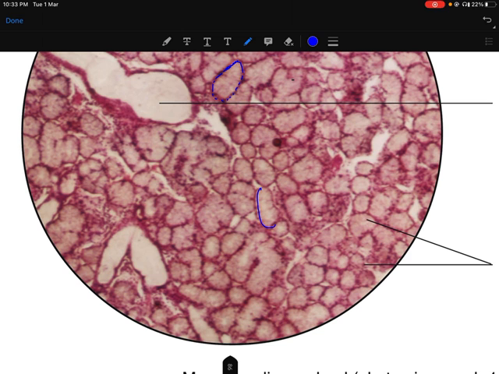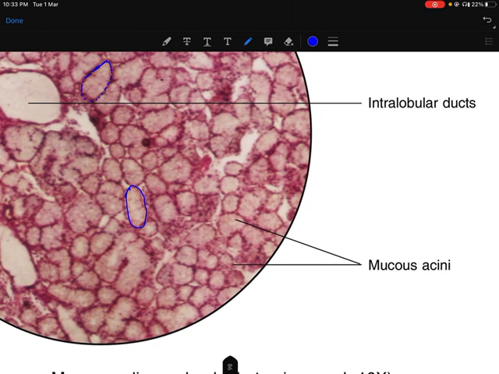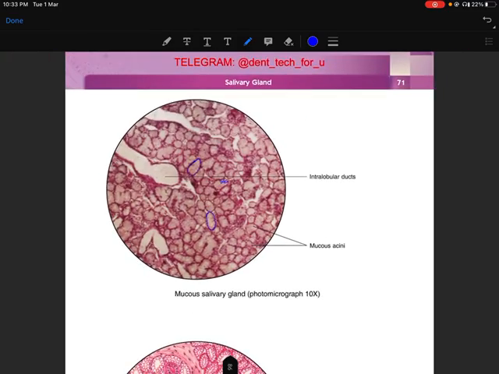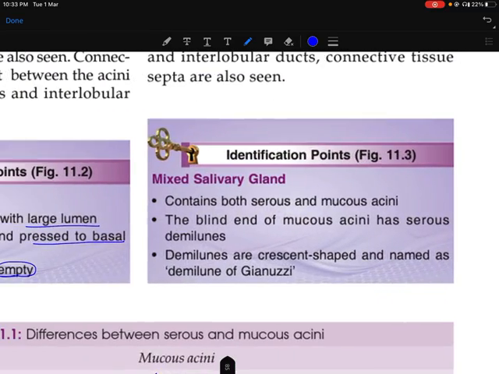Mostly they are tubular in shape. See, these are the mucous acini, and they'll be columnar.